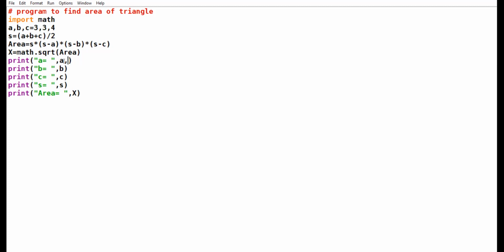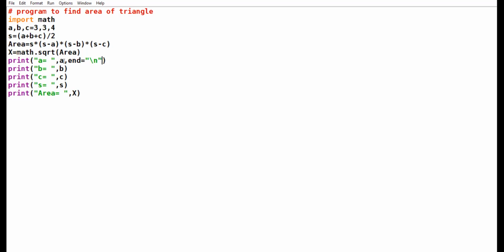Right? And end parameter has the value \n. The end parameter of the print function has the default value \n. Okay, so the end parameter of print function, it contains this value by default.